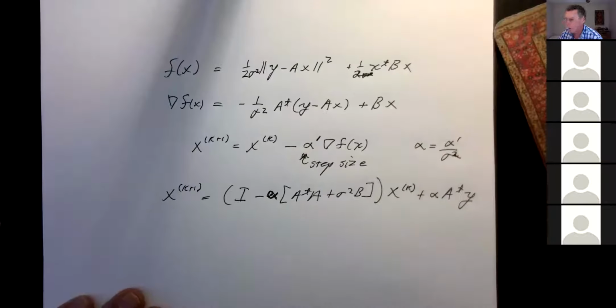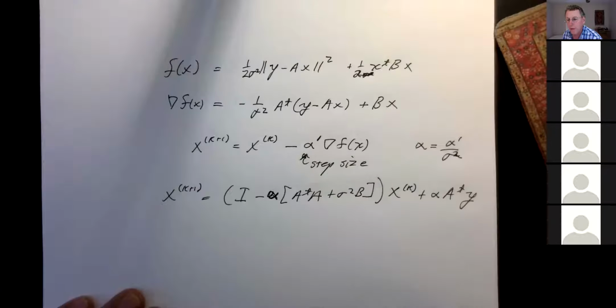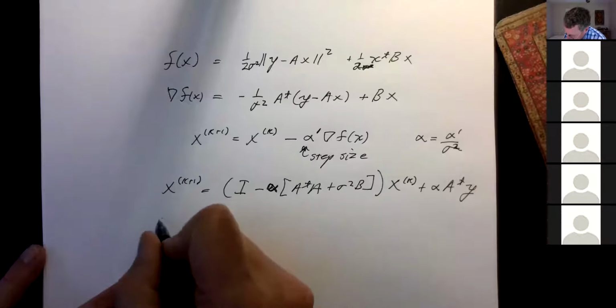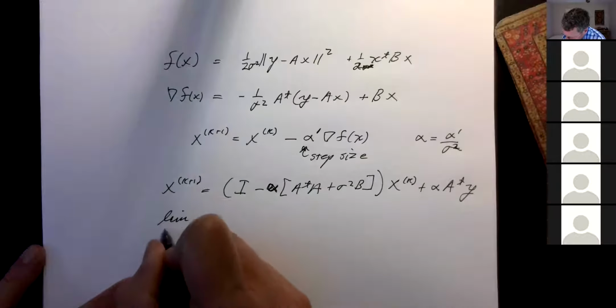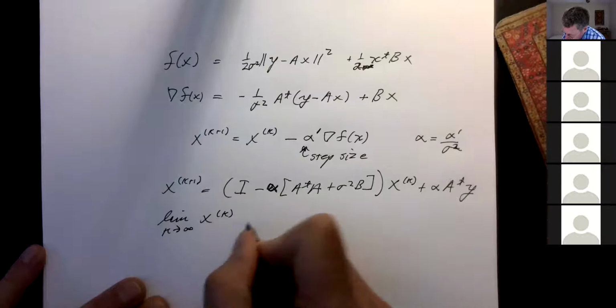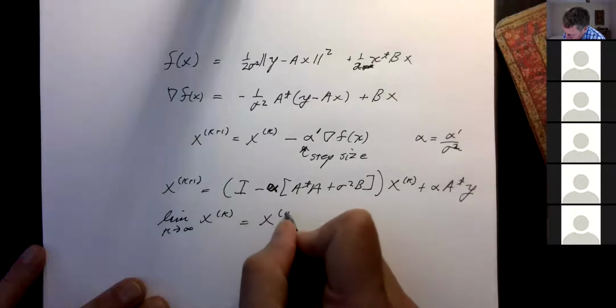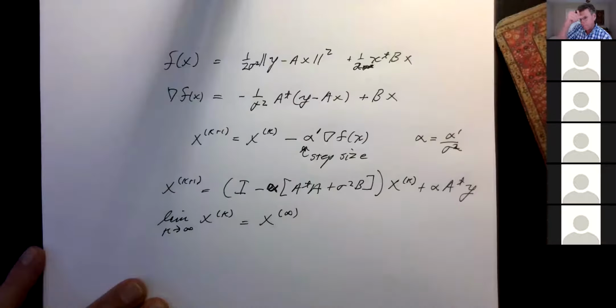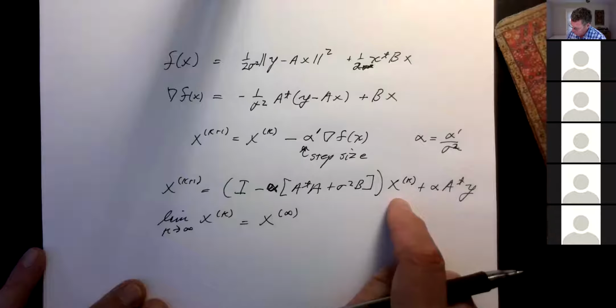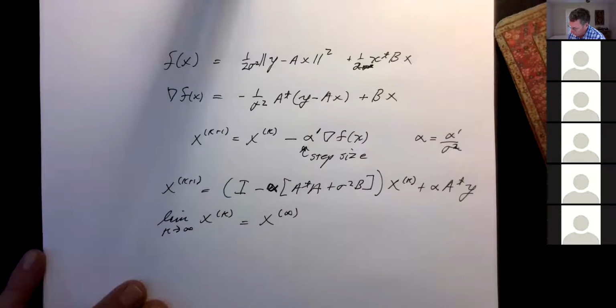Let me see if I can autofocus this thing again. That's better. Okay, now, all right. Assuming that the limit as k goes to infinity of xk converges to something, call it x infinity, it'll be a steady state. If it's a steady state, then the new x is equal to the old x, so the gradient at that point will be 0, right?